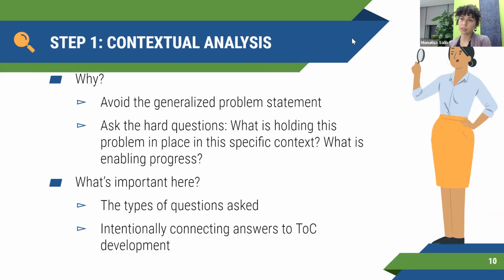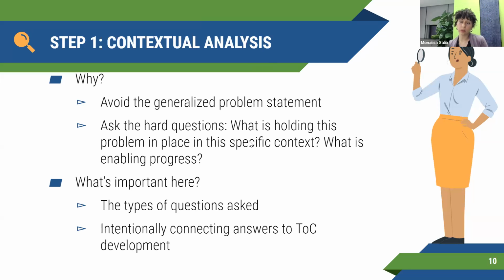The questions asked in step 1 help you ask yourself the hard questions of what is holding this problem in place in a specific context, and what is enabling progress. So we don't want to just be all negative. There are things that are always happening in the local context that are in a positive direction. So what are those things as well?